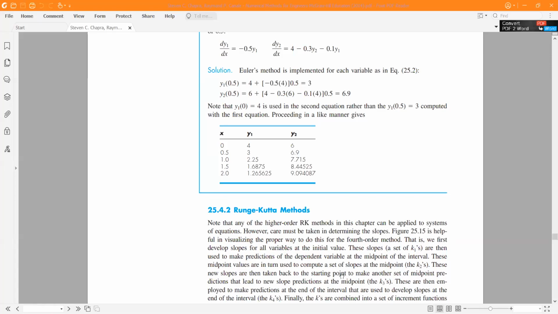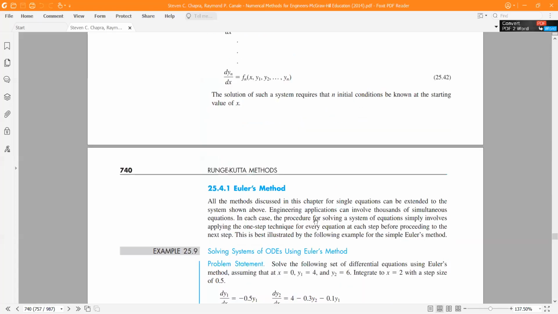Then we will go to the Runge-Kutta standard technique. Then we will try to conclude our lecture today with simultaneous solution of differential equations with an example from your earlier learning. Okay, so this is your text.